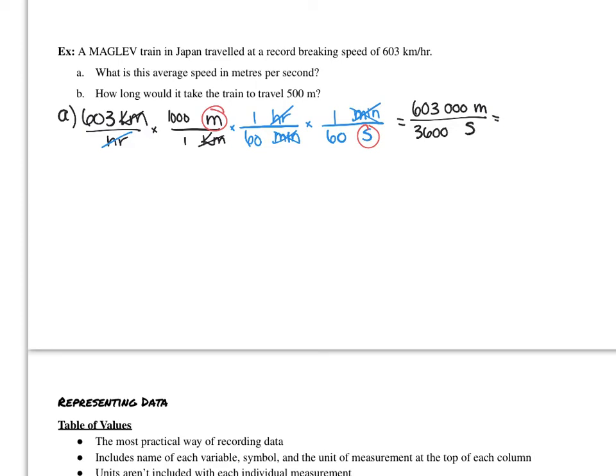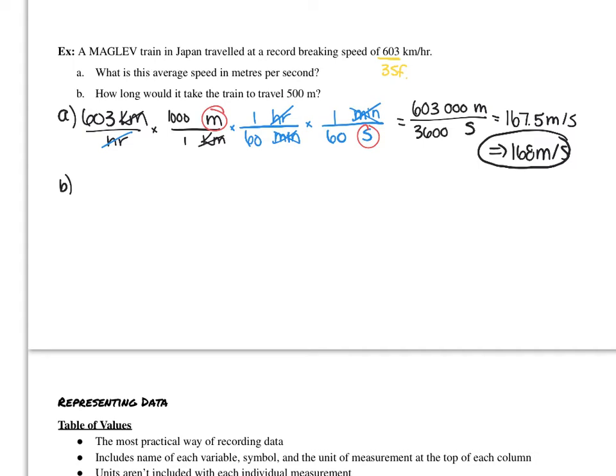All right, putting that into our calculator, I get 167.5 meters per second. Given that there were 3 significant figures in our question, we need to report our answer to 3 significant figures. So 168 meters per second would be the appropriate answer here.